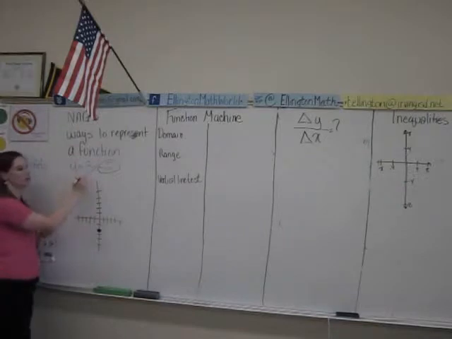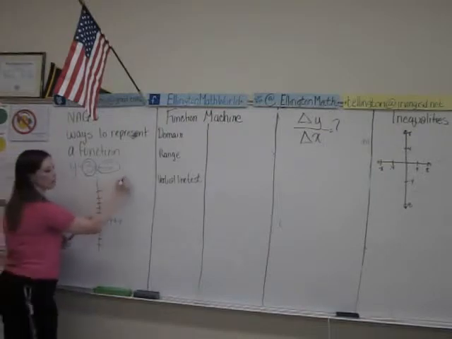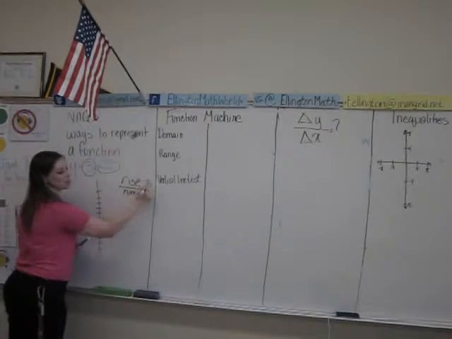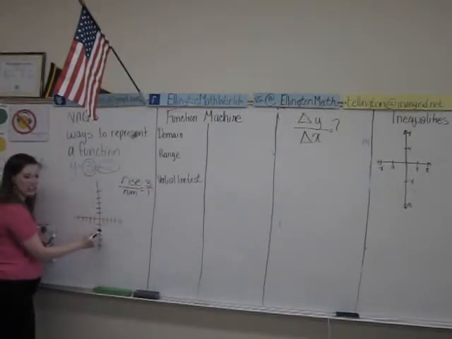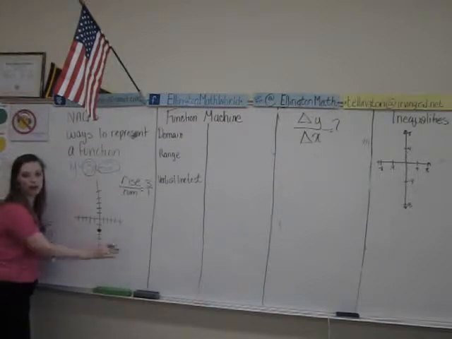Then my movement, my slope is 3. Well, it's not a fraction. I need a fraction for slope. I need a rise over run, 3 over 1. So from this dot, I'm going to go up 3, right 1. If it had been negative, I would have gone down 3 and right 1.